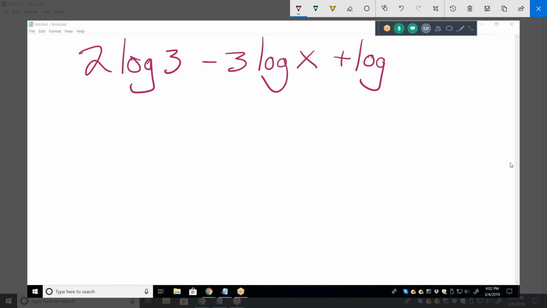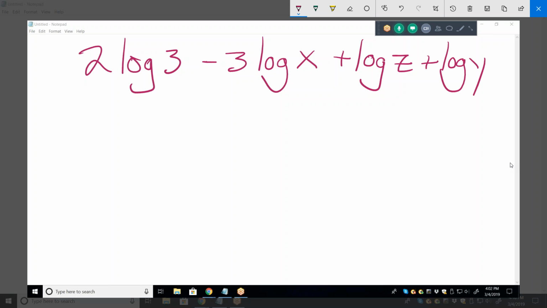What's the third one? The third one is log of z, plus log of y. And this is just an expression they want you to condense? Yeah, condense it. So give me the next step.